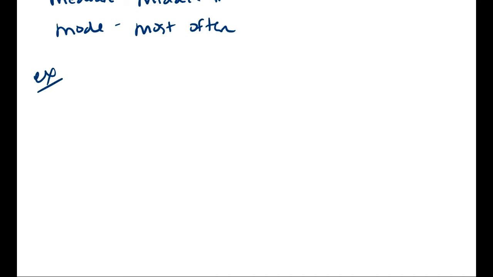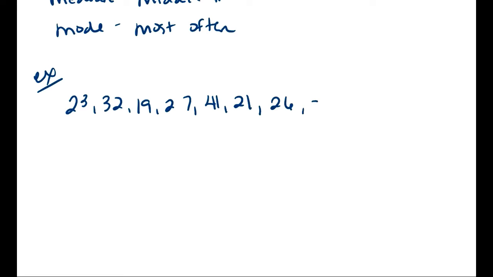But let's say that we're given the set of numbers 23, 32, 19, 27, 41, 21, 26, 32, 23, and 32. And we're going to find the mean, the median, and the mode for this set of numbers.